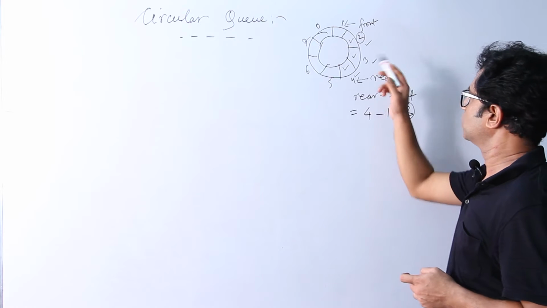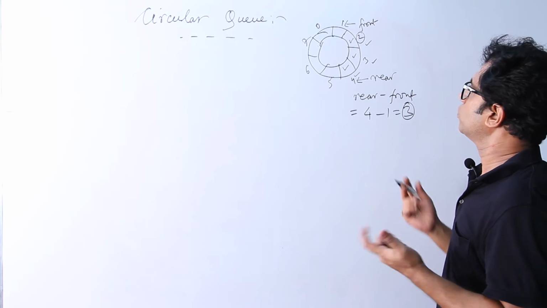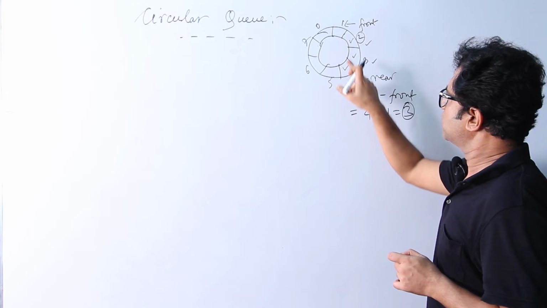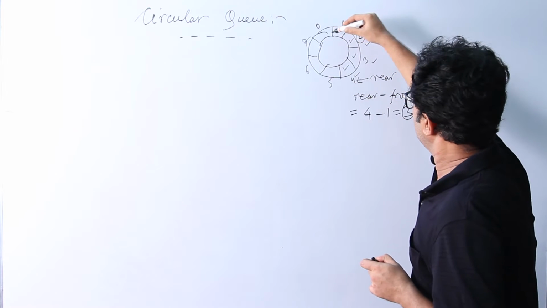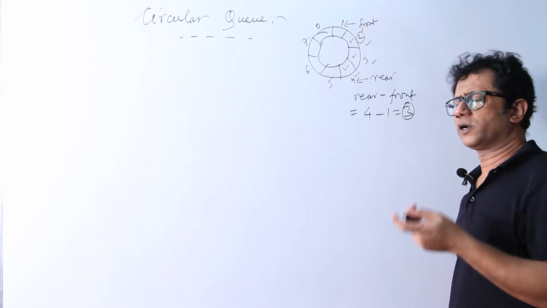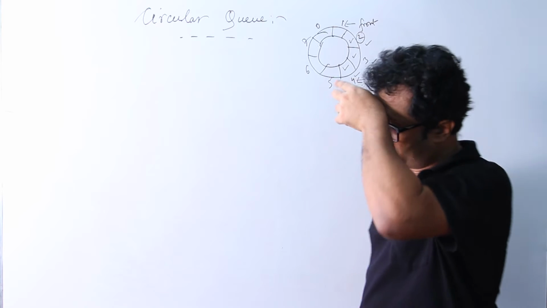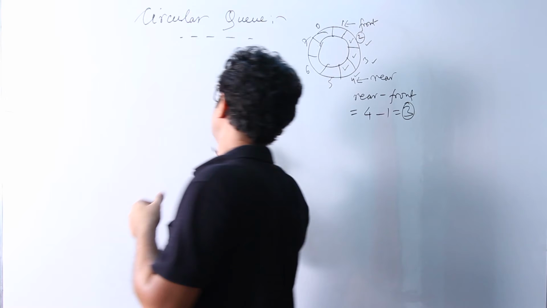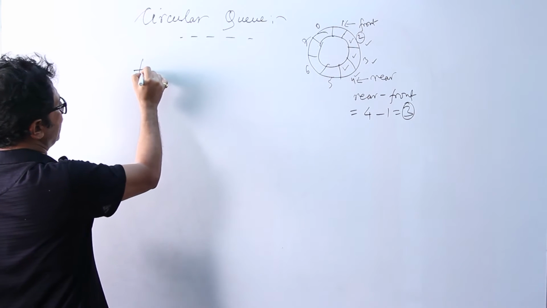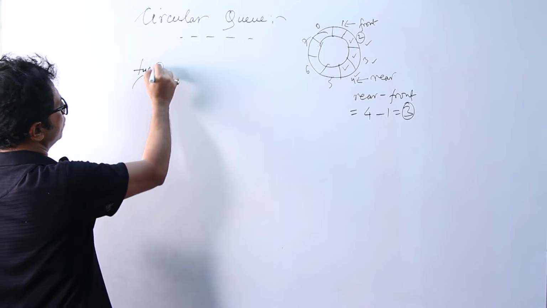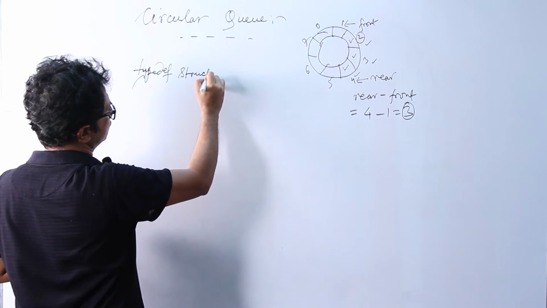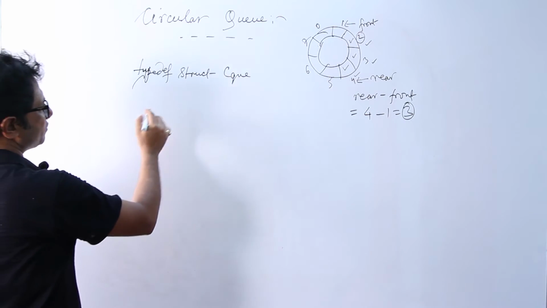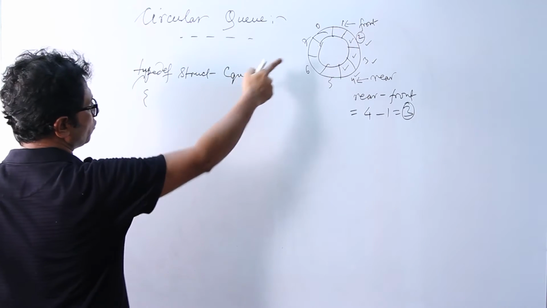In this circular queue, we are also going to perform the similar operations of addition and deletion, but in a circular way, so as to implement the queue in a circular array fashion. We also need to define the structure of the queue, just like we have defined previously: typedef struct, and suppose I name this CQ. What will be there?